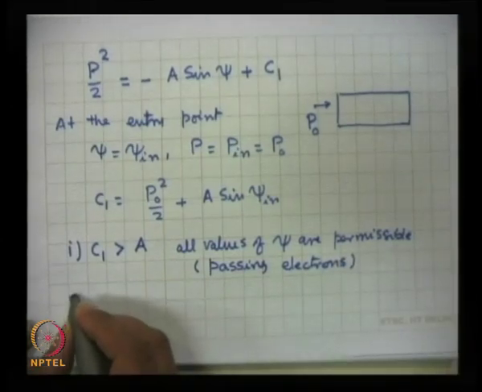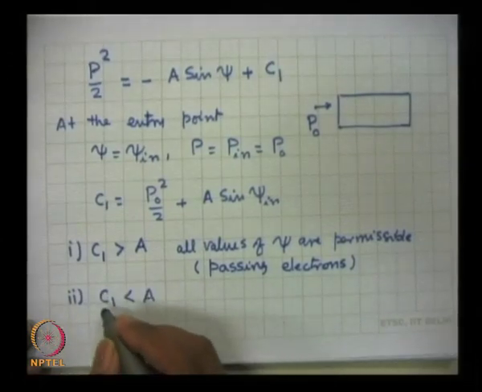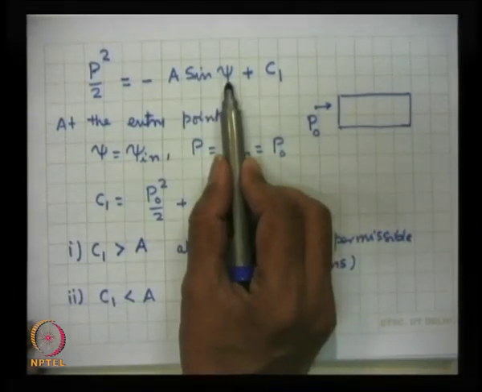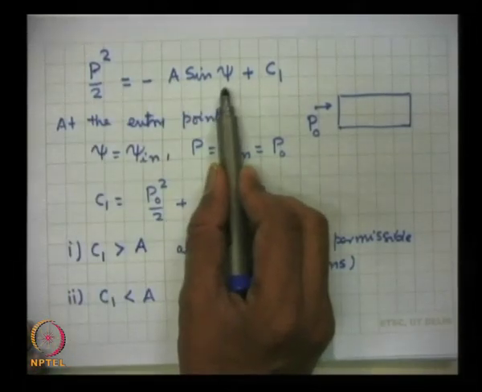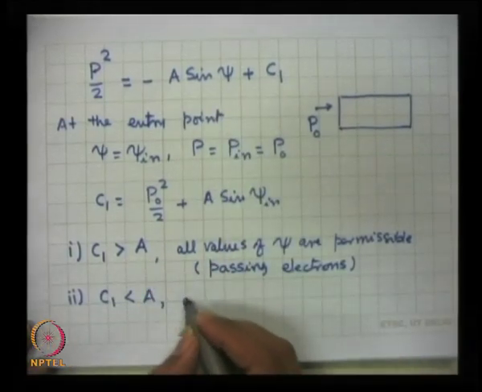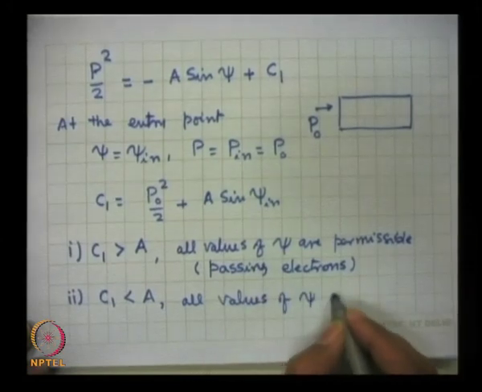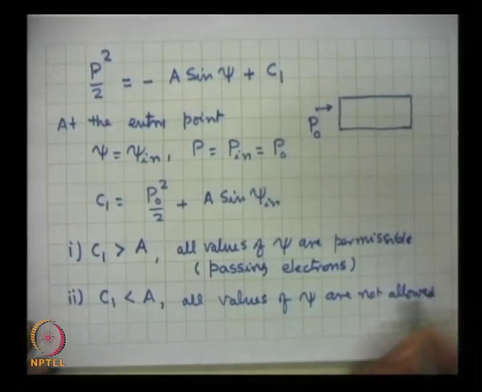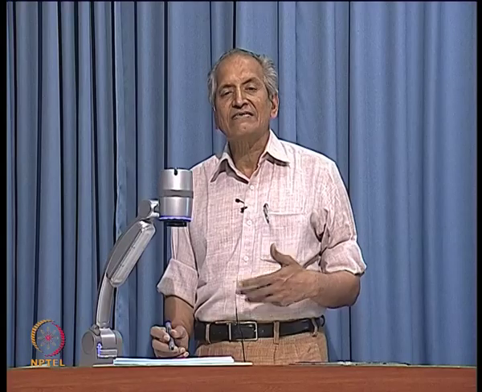In the second case, if C1 is less than A, in that case all values of psi are not permissible because the left hand side is positive definite, so the right hand side should also be positive. So, whenever C1 is less than A, all values of psi are not allowed, which means the electrons cannot move in a way that they can see different phases of the wave.